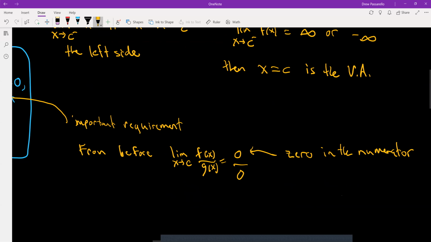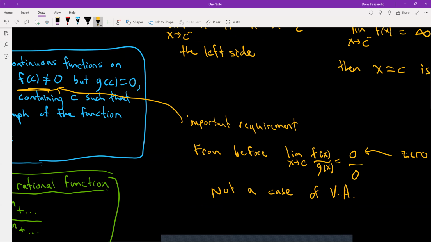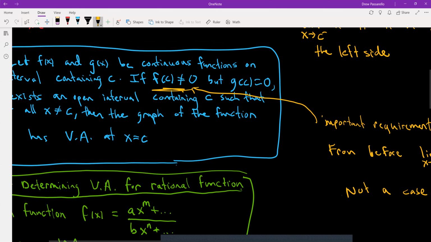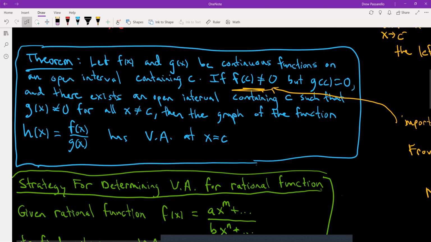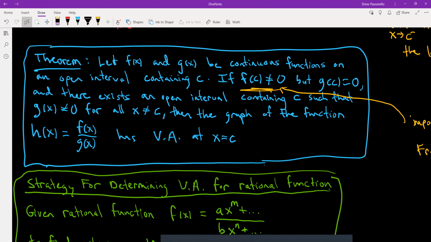This is not a case of that. All right, that distinction is important. When you plug in c to the top function, it cannot equal 0, but the bottom function does equal 0 when you plug in c.